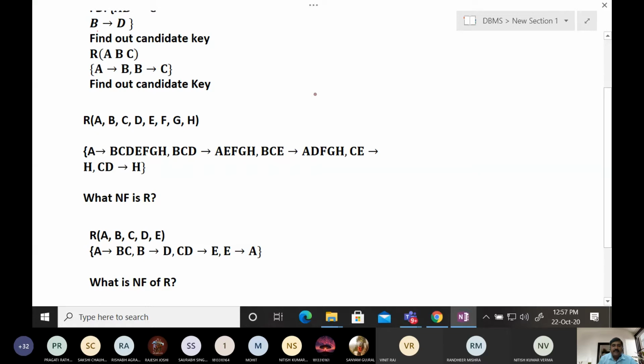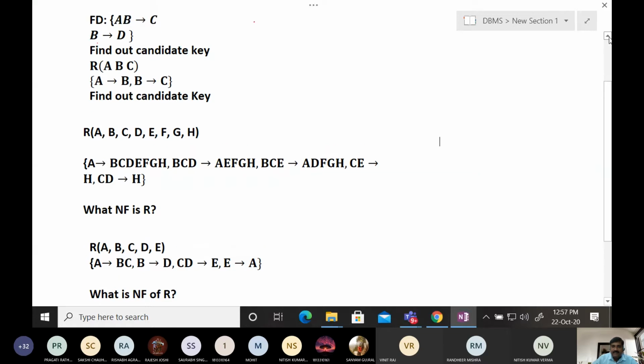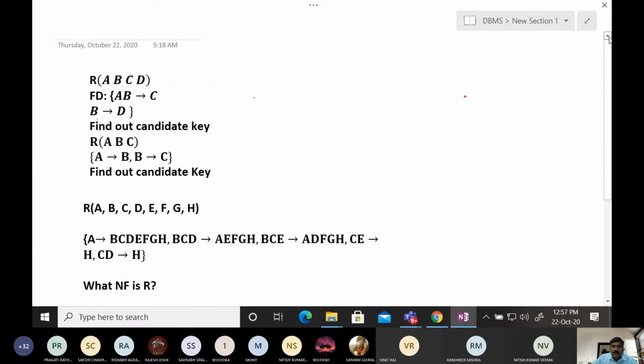In this case, we will first find the candidate key. How will we find the candidate key? A is the candidate key.